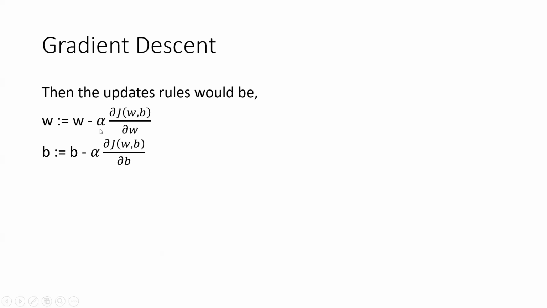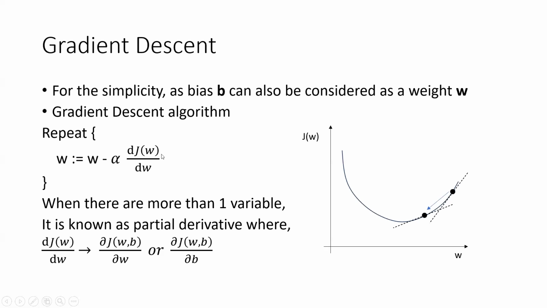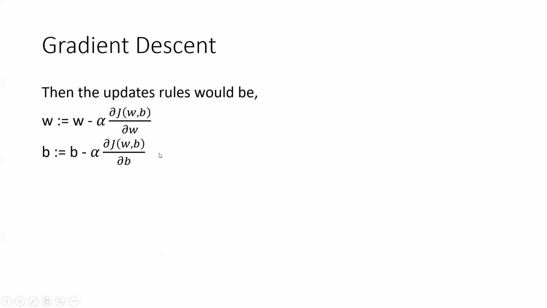In each iteration, we have to change the W values like this, as I have shown earlier. This is the simplest form that we have introduced, but in reality, W is reduced by the learning rate alpha times ∂J(W,B)/∂W.